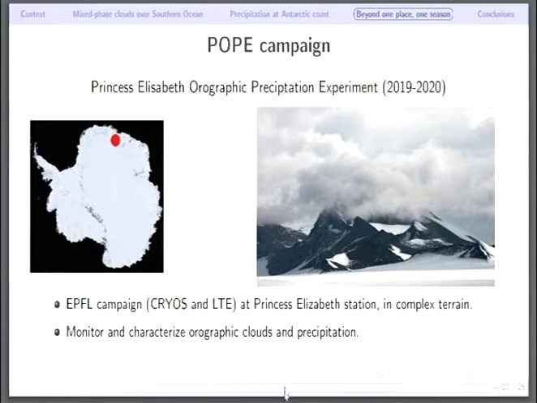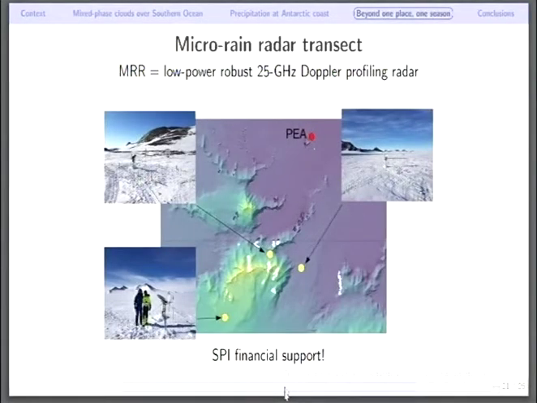I won't give an overview of all the aspects, but one thing I would like to mention is this micro radar transect that we tried to build. The MRR is a low power, robust, simple profiler, so it could run on solar batteries and be outside.